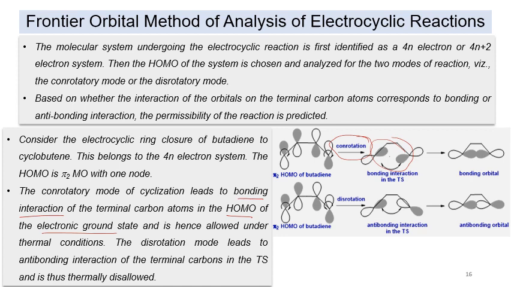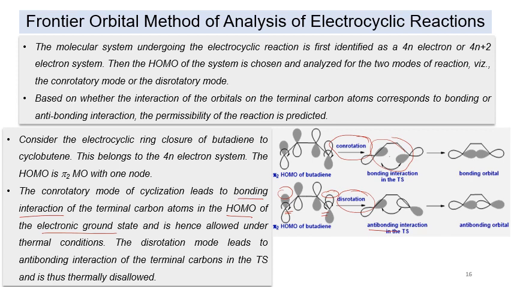Whereas the disrotation, now you see here we are moving this in this particular direction and we are moving this in the opposite sense. So what's happening is that this particular lobe is now going to interact with this particular lobe. Therefore, there is going to be an anti-bonding interaction in the transition state.